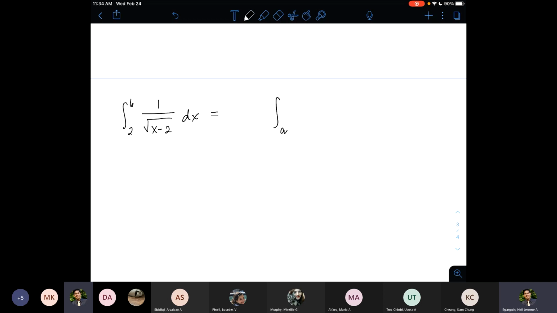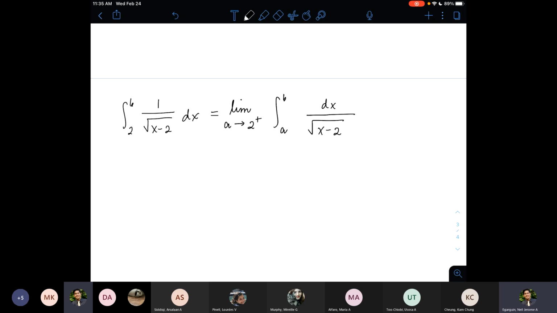I'll hide it in the guise of a variable a. 6 is fine. The upper limit is fine because the only point of discontinuity is x equals 2. And then we take the limit of that new integral as the new variable approaches the number 2, right? But we don't want the two-sided limits. We are only after the limit coming from the right.